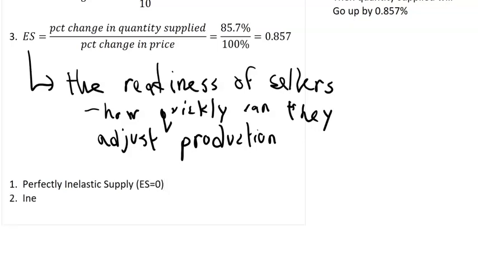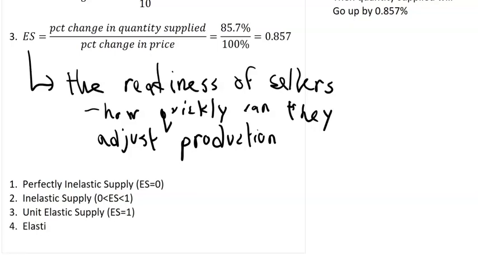Then we have inelastic supply, where elasticity of supply is less than 1, basically between 0 and 1. Then we have unit elastic supply, where elasticity of supply equals 1. Then we have elastic supply, where elasticity of supply is greater than 1. And finally, we have perfectly elastic supply, where elasticity of supply is basically undefined.